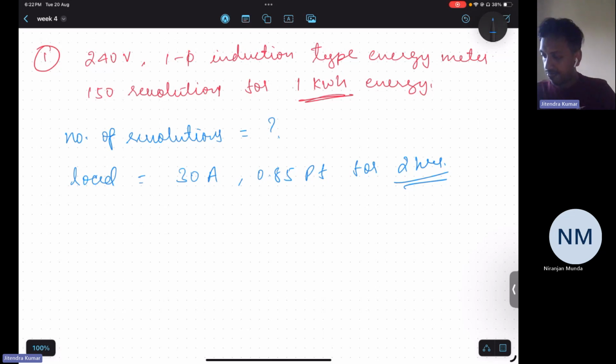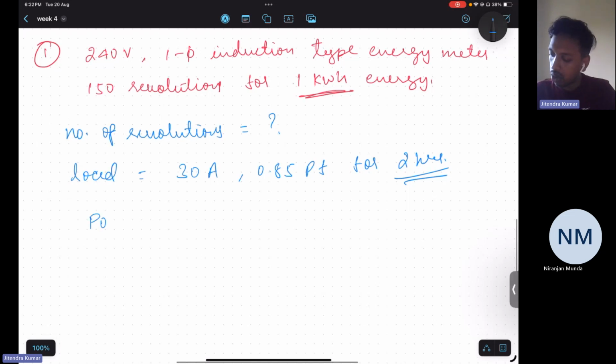Okay, so first thing is to calculate energy is power in such kind of problems. We first calculate the power and then we can multiply with time and it will give us the energy. Now we have revolutions per kilowatt hour, so we can use this value to get our answer. So first we will calculate power.